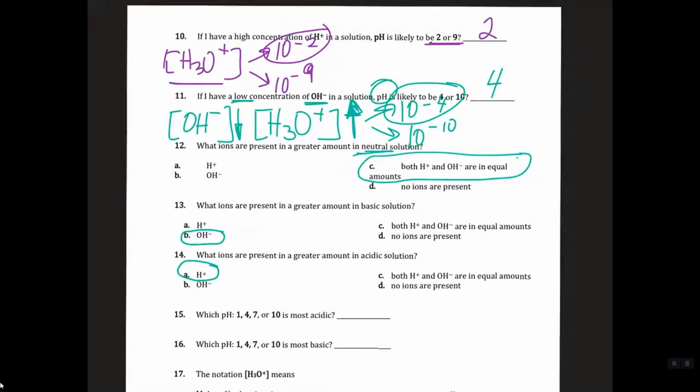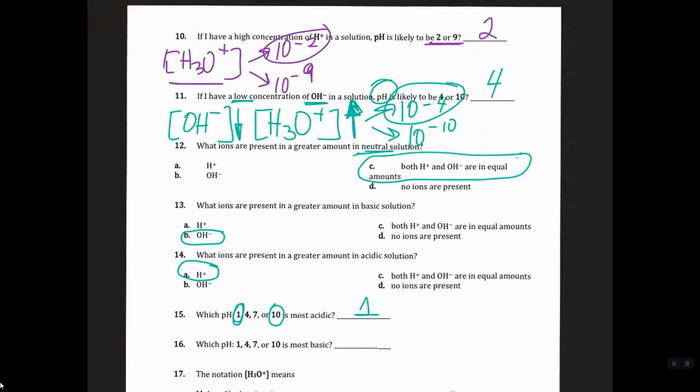Which pH, 1, 7, or 10, is most acidic? Well, at pH 1, you have the greater concentration of hydronium ions than you do at pH 10. So that would be pH 1. One way to remember is to think this way.